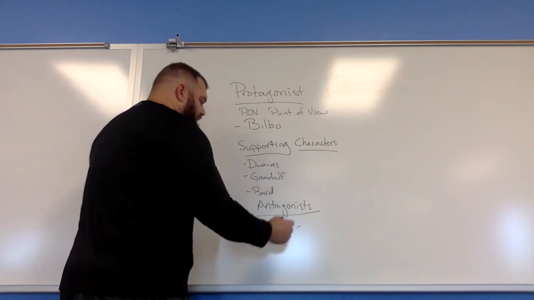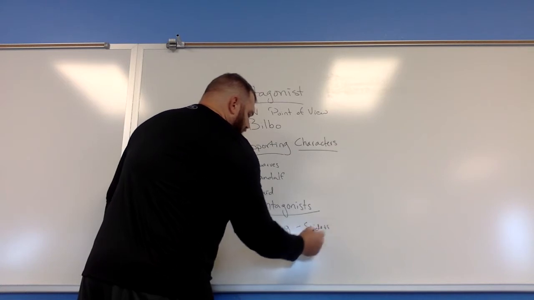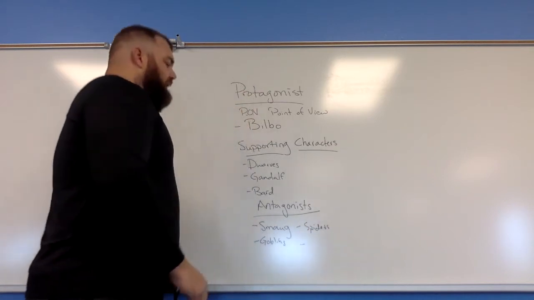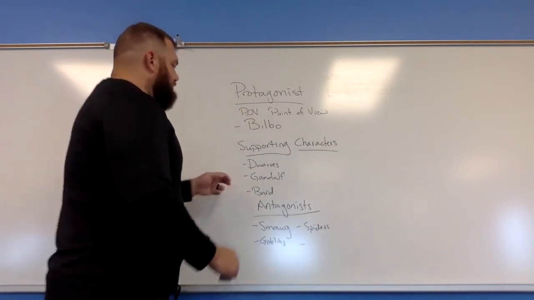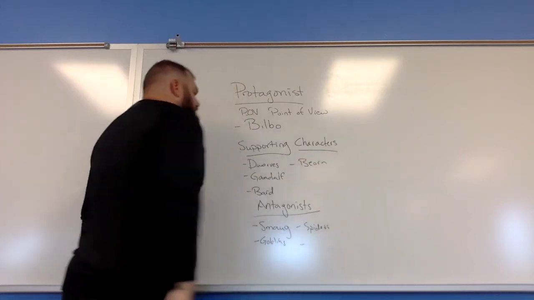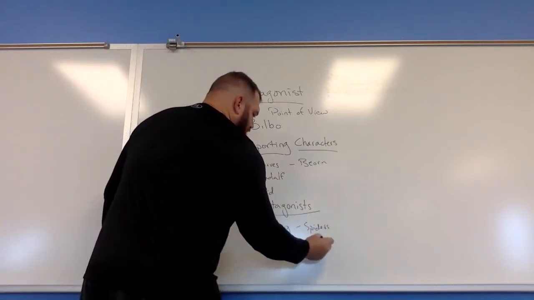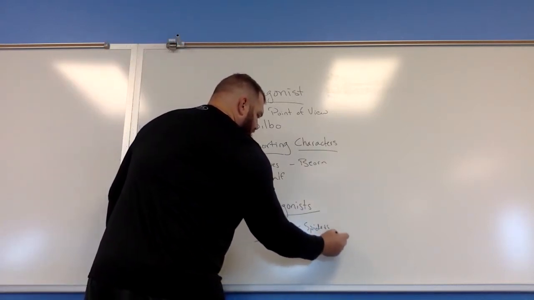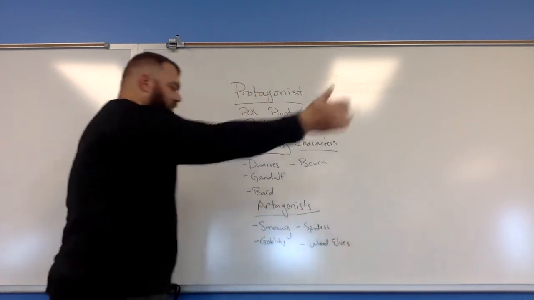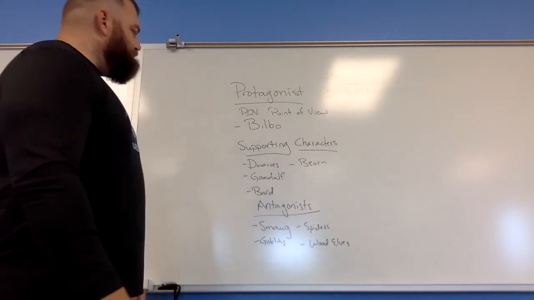You have the spiders in Mirkwood Forest. You have supporting characters. Let me put Bjorn up here. I almost forgot about him. You have even the wood elves. You could call them antagonists in this case, even though eventually we know that they'll become good guys, for lack of better terms.